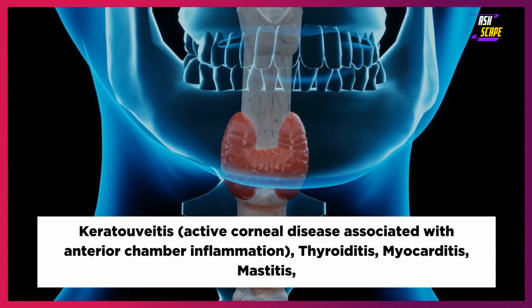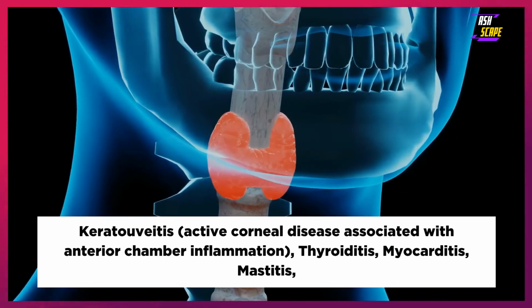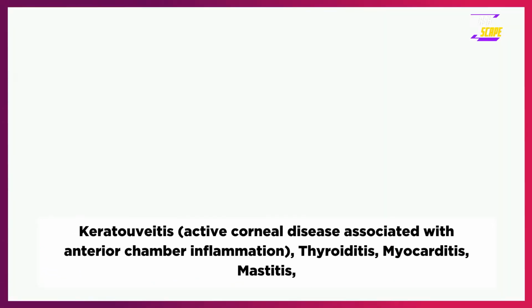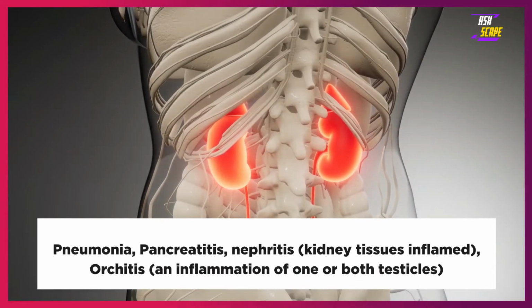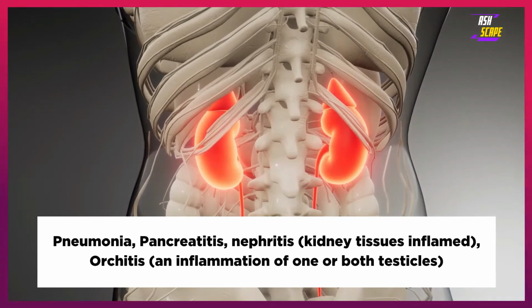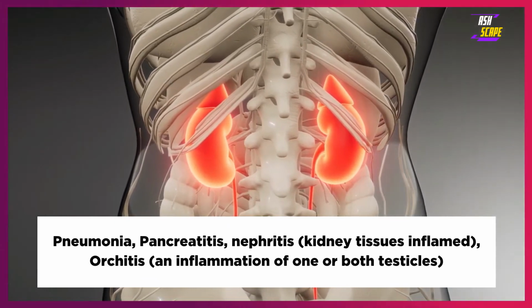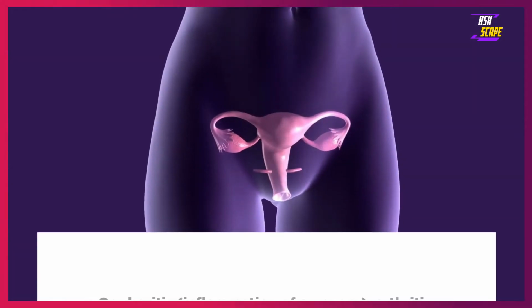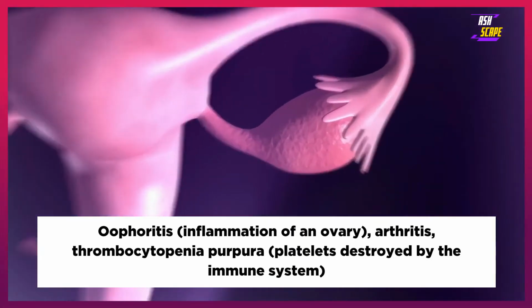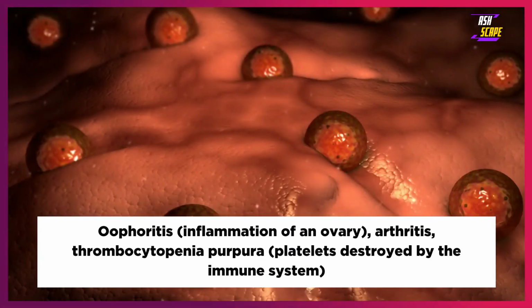Keratitis (active corneal disease associated with anterior chamber inflammation), thyroiditis, myocarditis, mastitis, pneumonia, pancreatitis, nephritis (kidney tissues inflamed), orchitis (inflammation of one or both testicles), oophoritis (inflammation of an ovary), arthritis, thrombocytopenic purpura (platelets destroyed by the immune system).